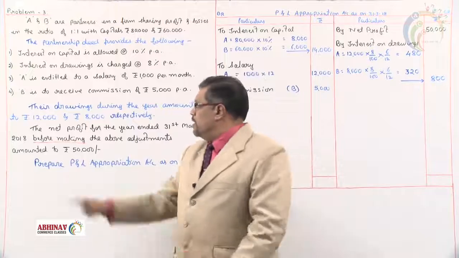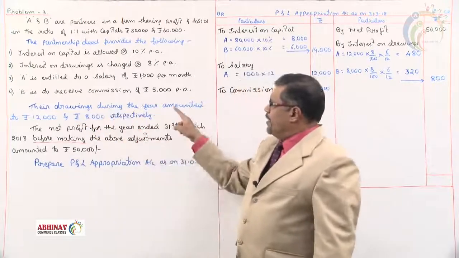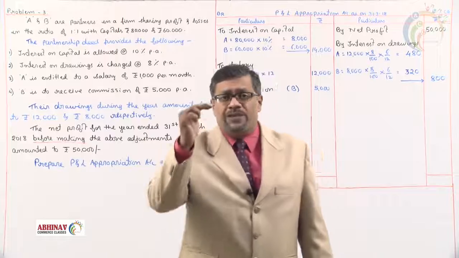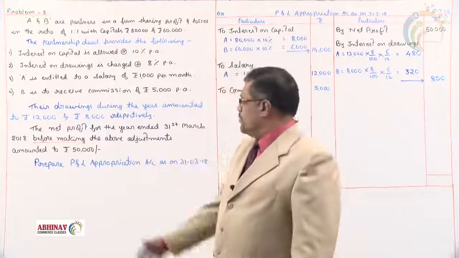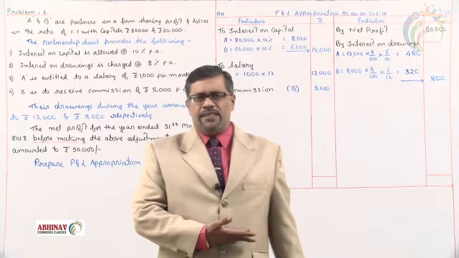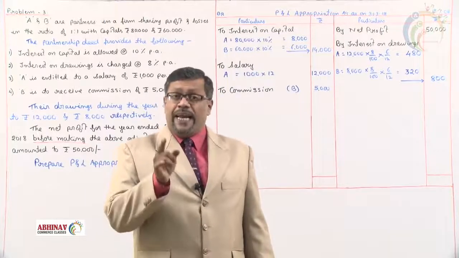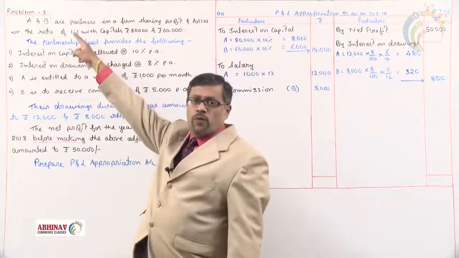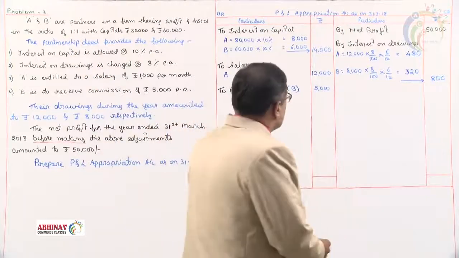Next. The drawings during the year amounted to 12 and 8 will be taken in capital account, which reduces the capital balance. Net profit is taken 50,000. That's all. These are the transactions. Let us balance. We get either a profit or a loss. We'll distribute in the ratio of 1:1. Let's see.